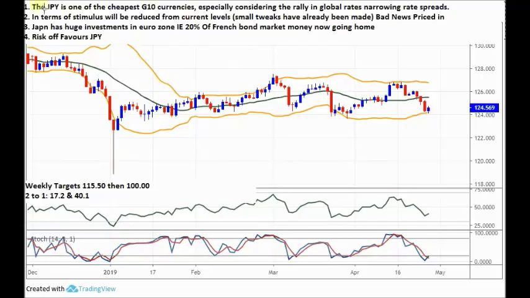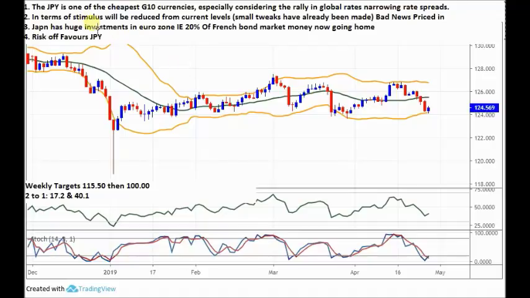What about Japan? Well, first point to keep in mind is Japan, or the Japanese yen, is one of the cheapest G10 currencies. It's deeply oversold, okay? So it's so oversold, it's got little downside and plenty of upside. Both currencies have negative rates, so there's no carry advantage. Both got stimulus.